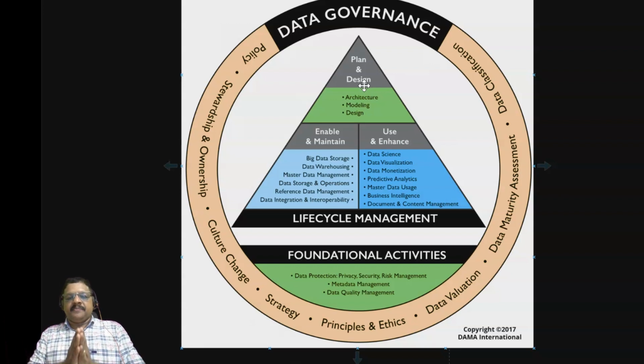And if you look at the side, you can see data governance, data policies, stewardship and ownership, then cultural change and strategy, principles and ethics, data valuation, data maturity assessment, and data classification. So this is called the DAMA wheel. As I mentioned, our focus will be 11 knowledge areas plus 3 topics that we will have to cover.